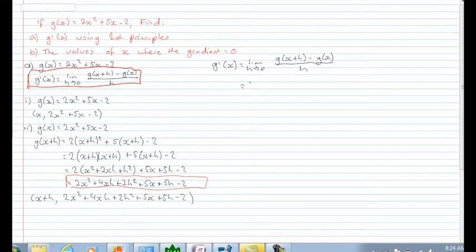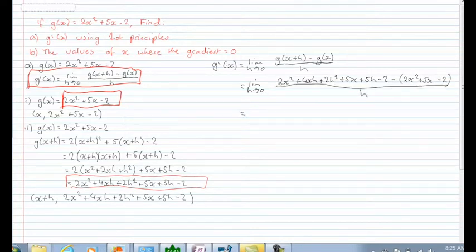So therefore, the limit as h approaches 0 is equal to g of x plus h, so that is 2x squared plus 4xh plus 2h squared plus 5x plus 5h minus 2, minus g of x, so in brackets because we're substituting the whole thing in now. So g of x we ended up finding was equal to this, 2x squared plus 5x minus 2, all over h.